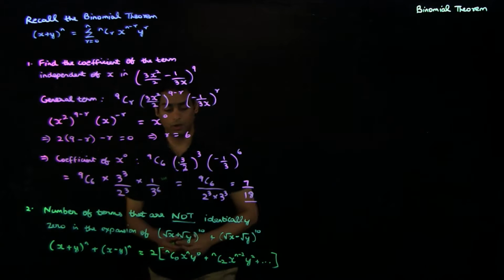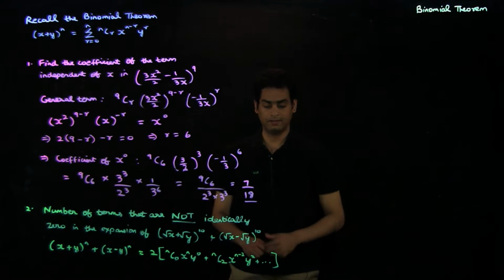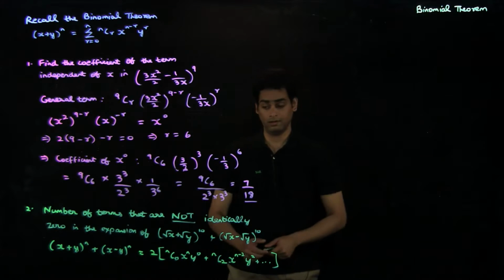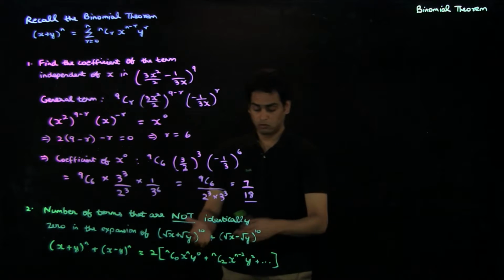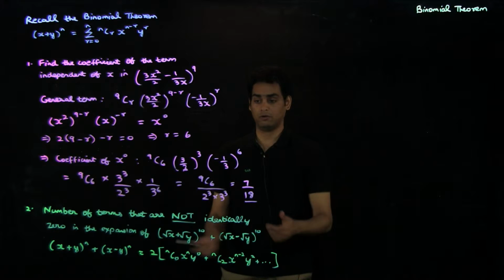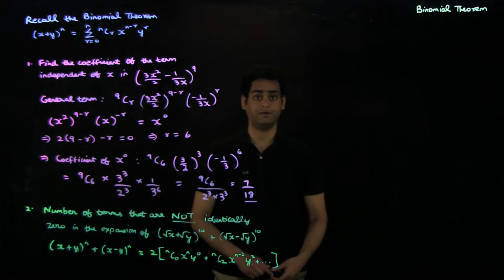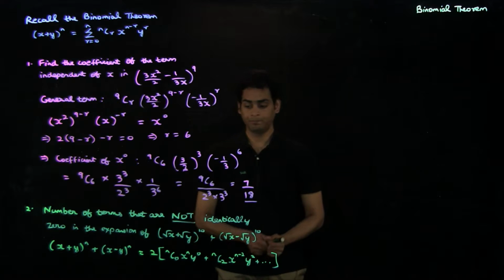So notice that only alternate terms survive and the other terms get cancelled out, since you have an x minus y power n here. And so you could just replace x by square root of x and y by square root of y in this expansion, and you would get an equivalent result for this particular term.